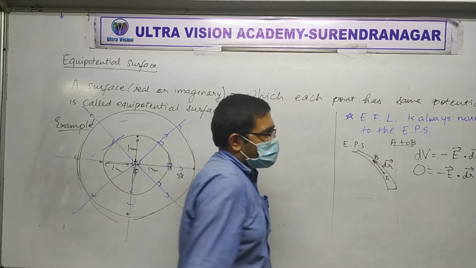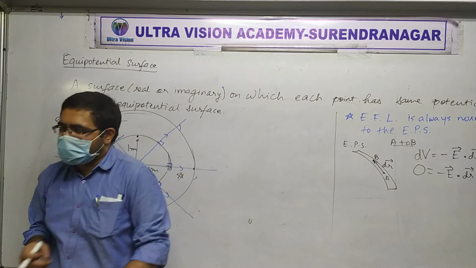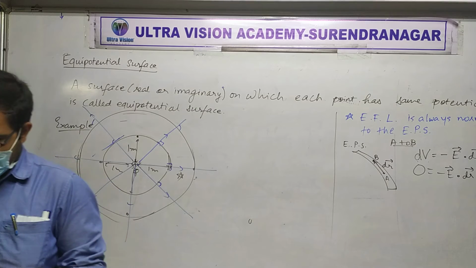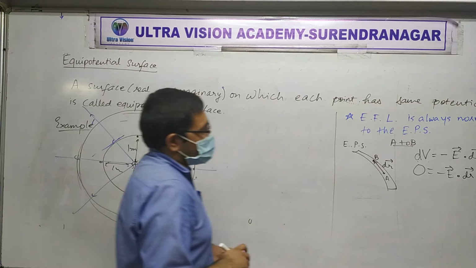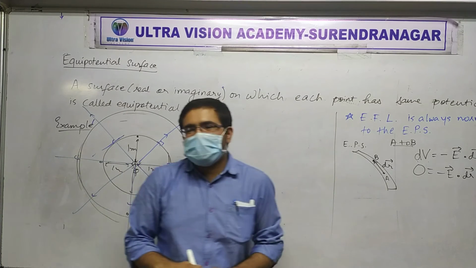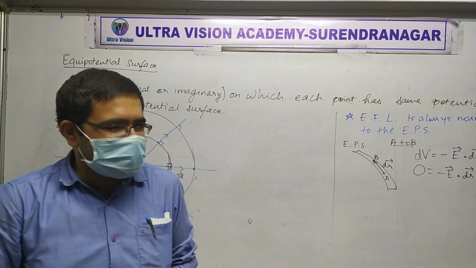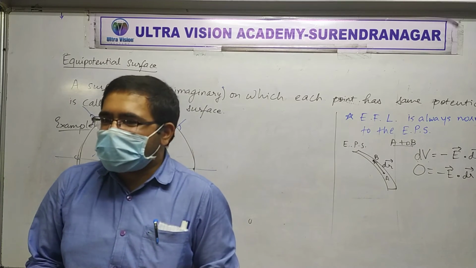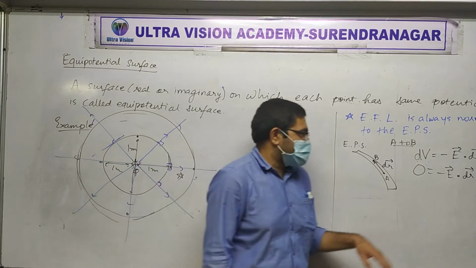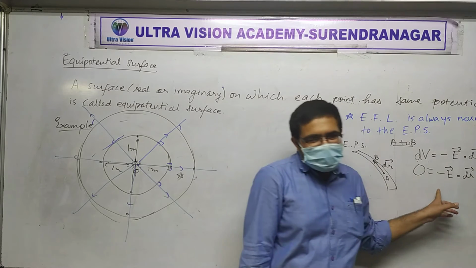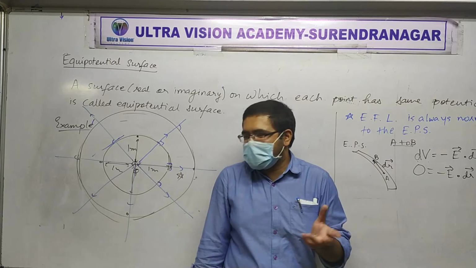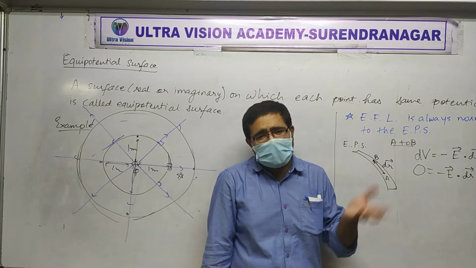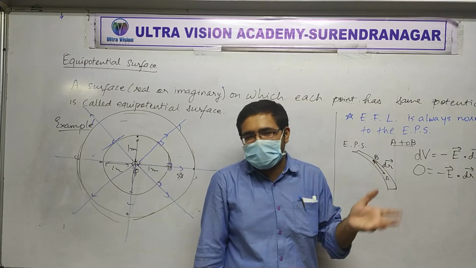Now we have a dot product, and we know this dot product is 0. When can the dot product be 0? When theta is 90. Yes. There are other possibilities also. First, electric field is 0. We are not talking about that, it's a silly case. If electric field is 0, why are we even talking about an equipotential surface? There is no need.